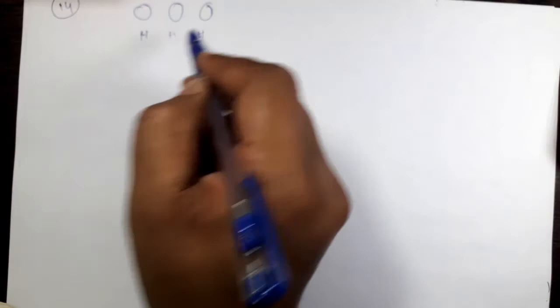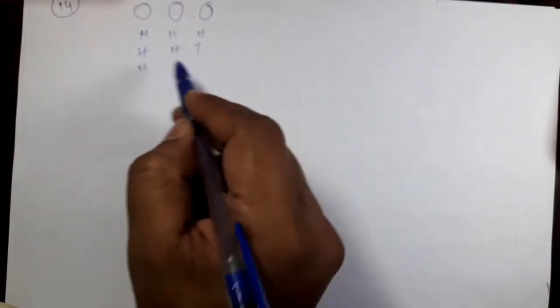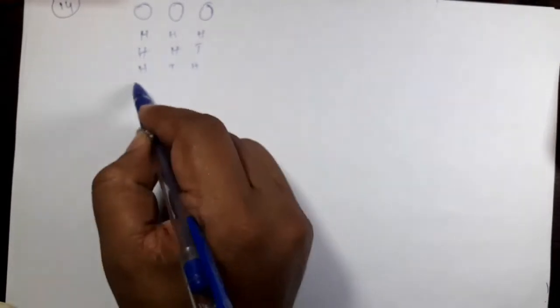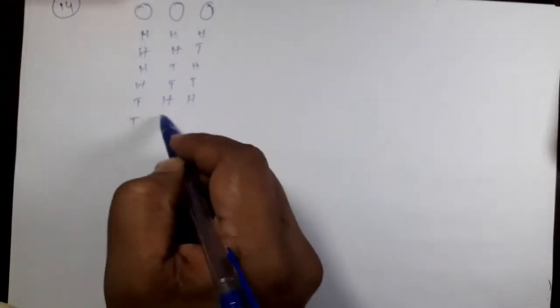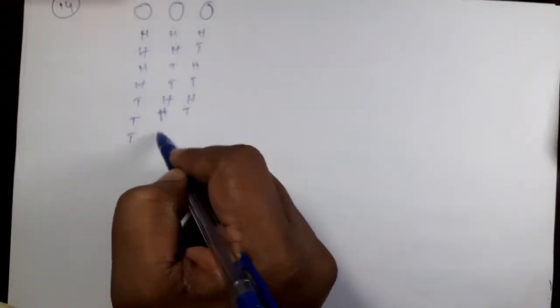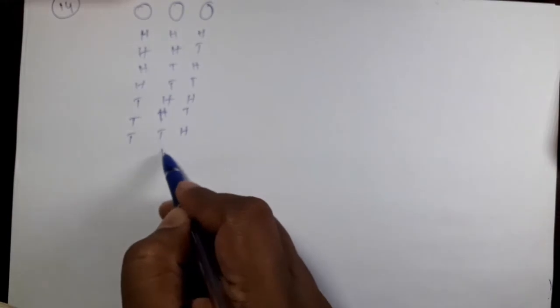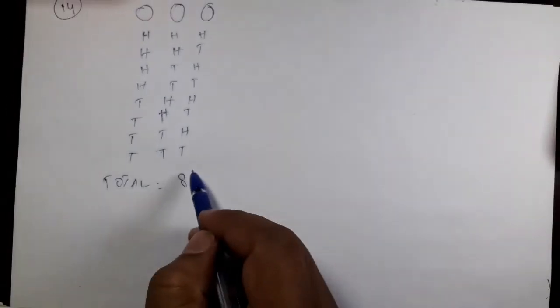HHH, HHT, HTH, HTT, THH, THT, TTH, TTT are possible, right? 4 plus 4, 8 outcomes. So the total number of possible outcomes is 8, right?